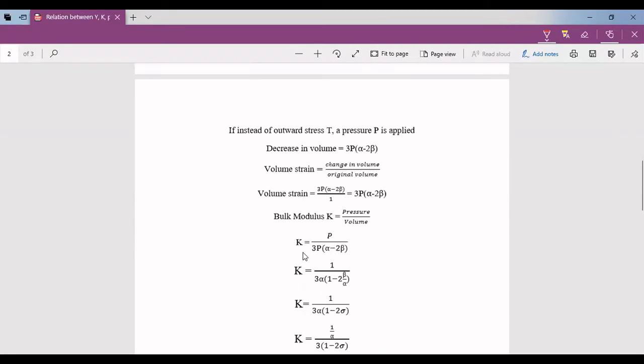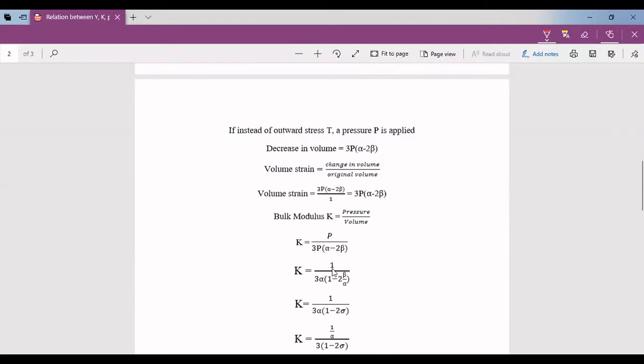I repeat once again, bulk modulus is the ratio of pressure to volume strain. So K will be equal to pressure P over volume strain 3P into alpha minus 2 beta.